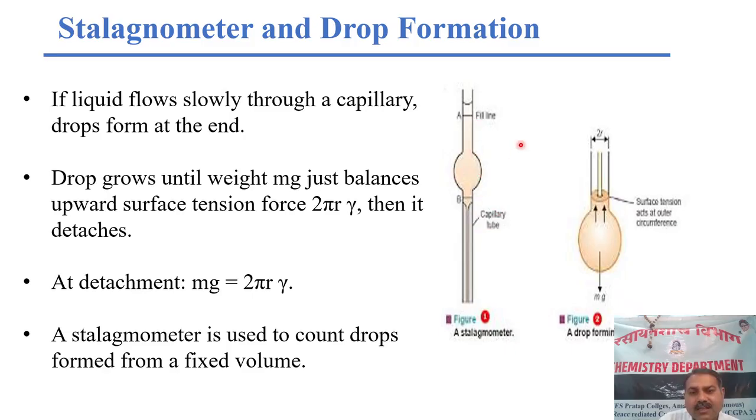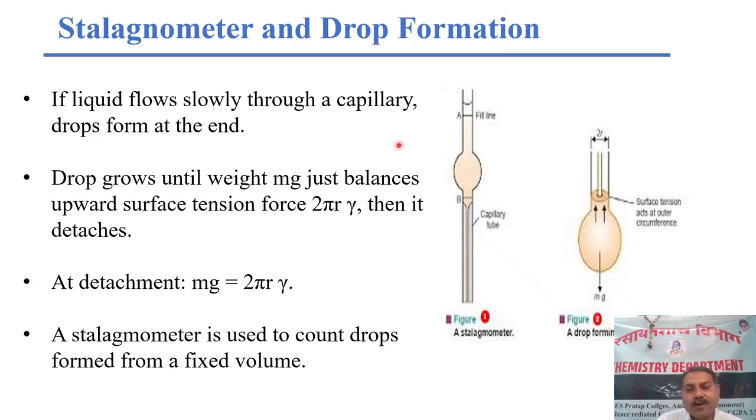The liquid between the two markings is allowed to pass through this capillary, and the number of drops formed from this total volume V is counted, and from this number of drops we can calculate the surface tension acting on the liquid. Different liquids have different numbers of drops for this particular volume.